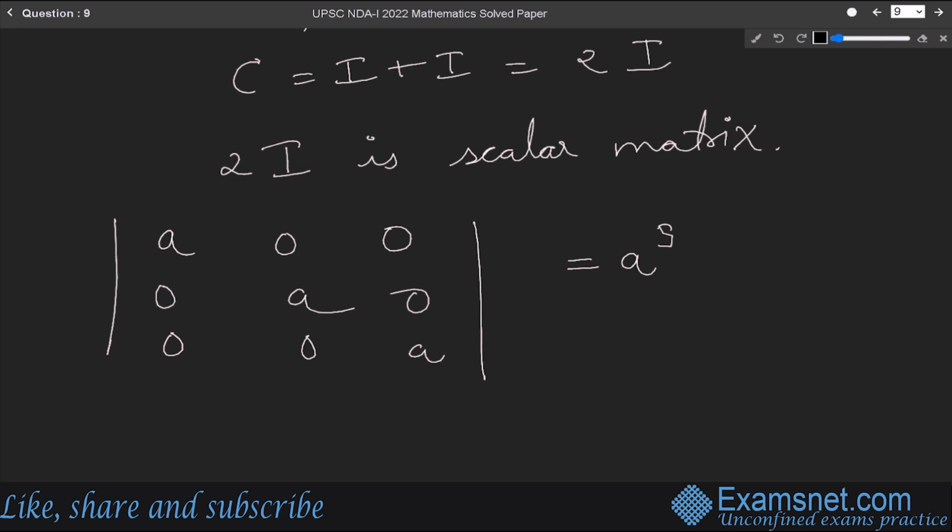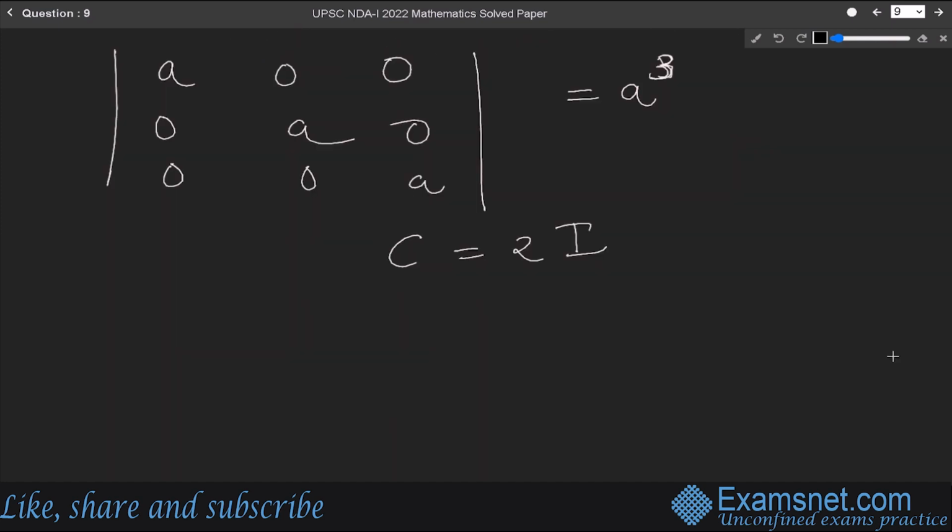Here the element is A, therefore the determinant of this particular matrix is A cube. We got the value of C is equals to 2I. Therefore, the determinant of C will be equals to 2 cube, which is 8. So the correct answer of this question is 8.